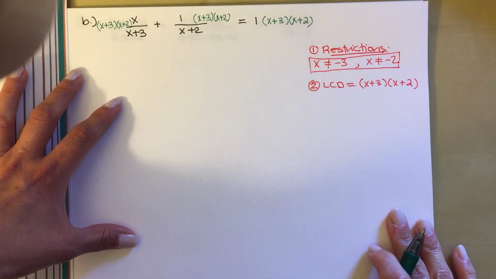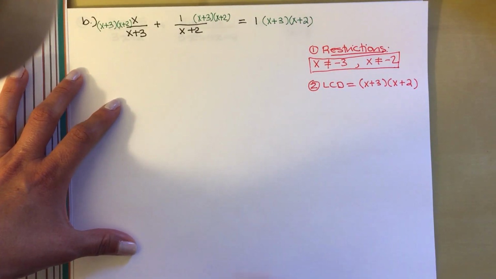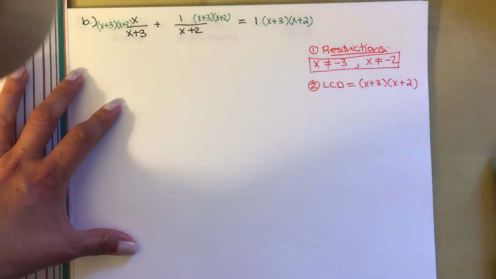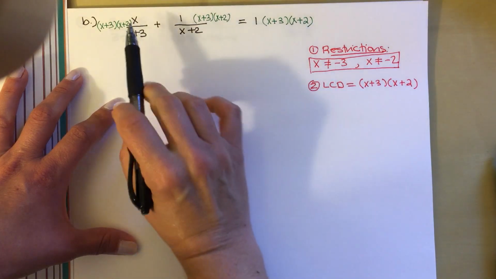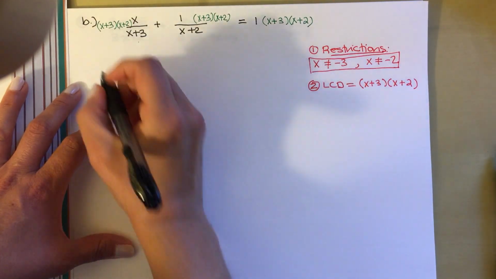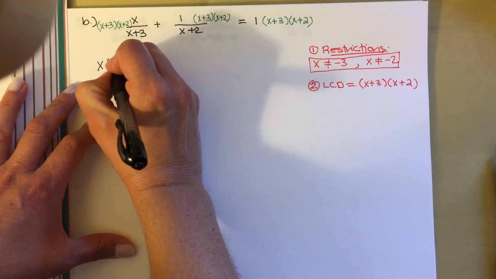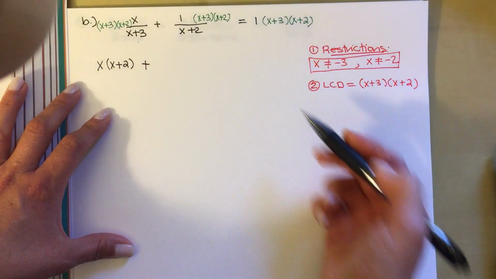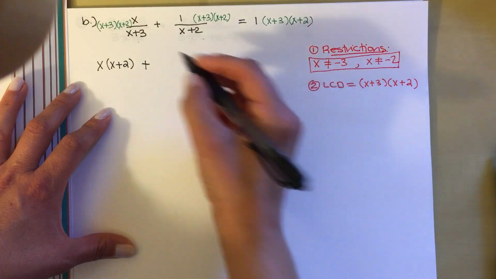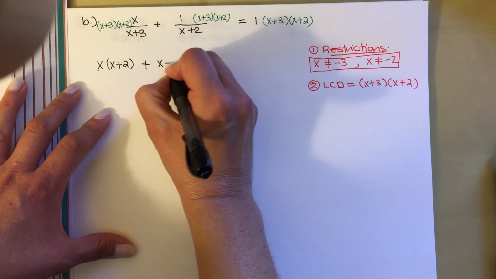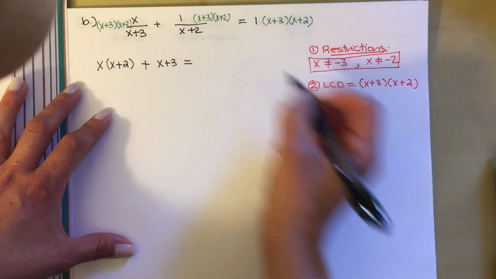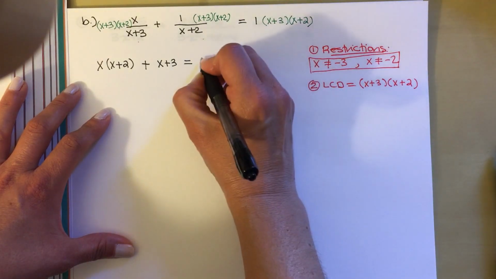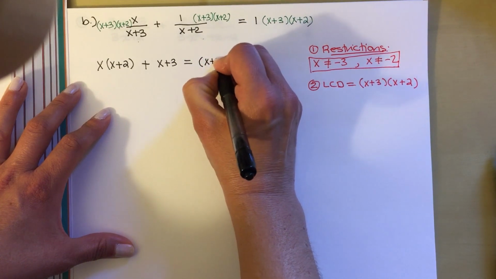And when we multiply, remember that you can reduce. X plus 3 reduces, and we are actually just left with x times x plus 2 plus x plus 2 reduces, so we're left with x plus 3 equals 1 times our LCD, so we just get the same thing.